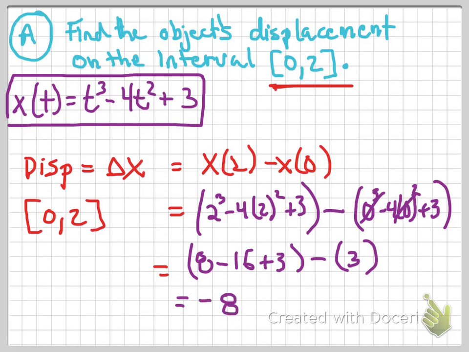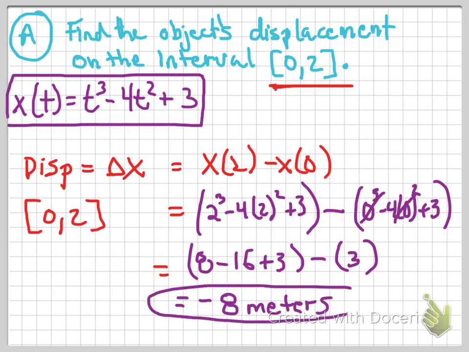So our change in position, delta x, is negative 8, and you want to add on some units. Negative 8 what? Negative 8 meters. This means our moving object must have moved 8 meters backwards on the interval 0 to 2 seconds. That's why there's a negative sign.